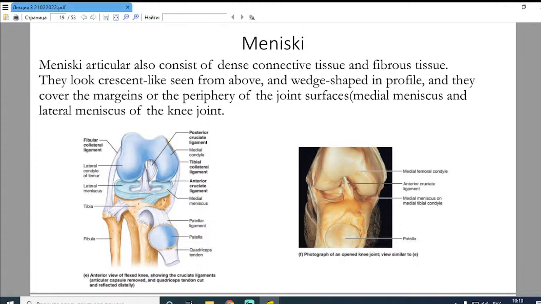The capsule is absent. This is medial femoral condyle, and you see anterior cruciate ligament and medial meniscus on medial tibial condyle, and you see lateral meniscus. This is a photograph of an opened knee joint.